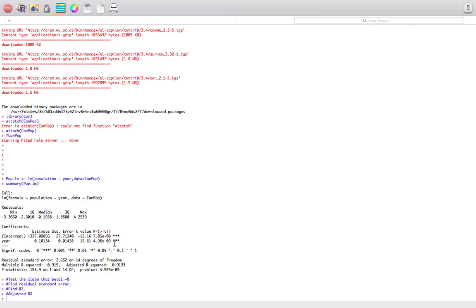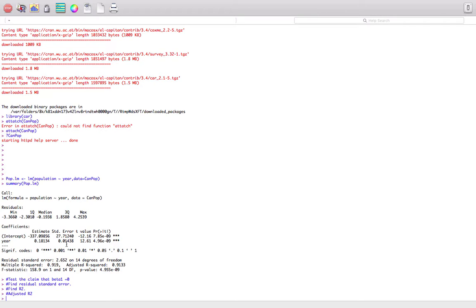We would say if p is less than alpha, and let's assume that alpha is equal to 0.05, then we would reject H0, and we would think, is that less than 0.05? It certainly is. So we would reject H0. Therefore, the year has meaning in this model. So this is a good model. Okay?